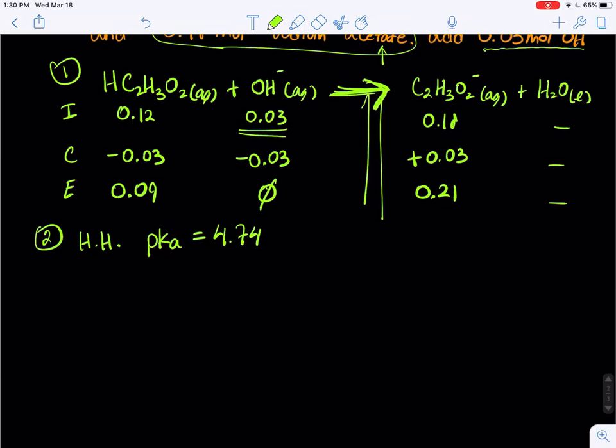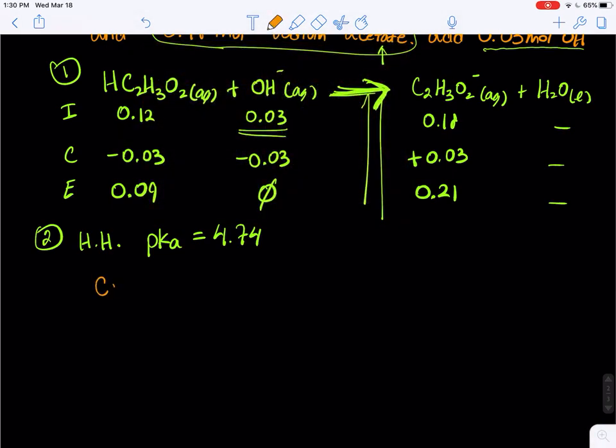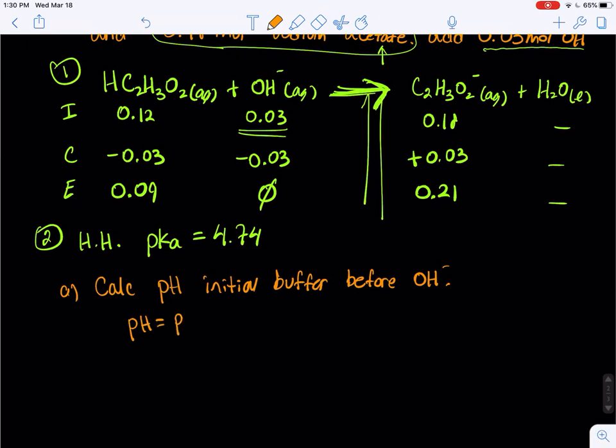Now in this problem, I want to do something a little different here. I want to calculate the pH of the initial buffer, and that means before reaction, before we added the hydroxide. Okay, so we want to plug that into these formulas.